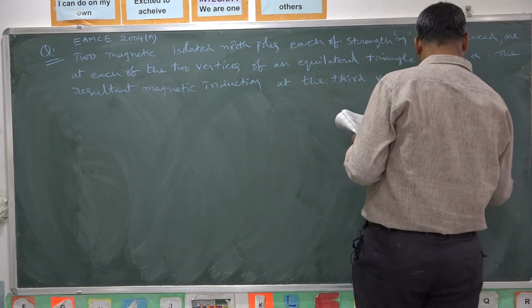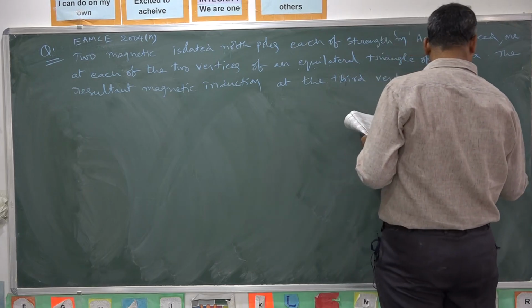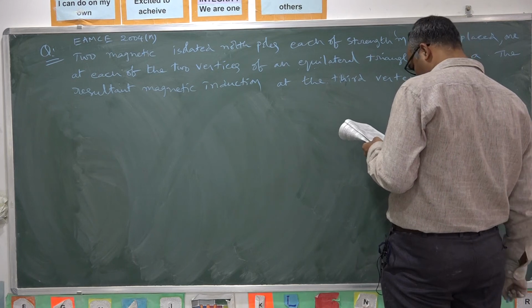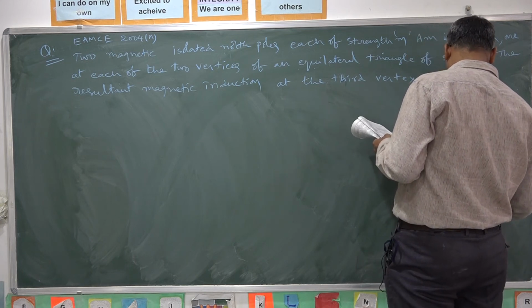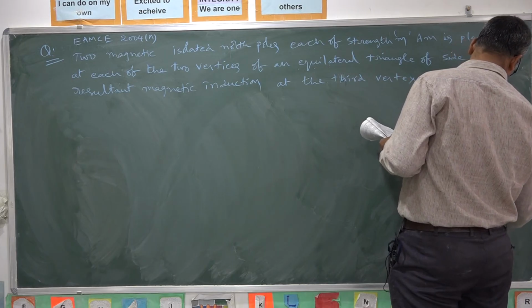Option C, mu naught by 4 pi into root 3 m by a square. Option D, mu naught by 2 pi into m by a square.